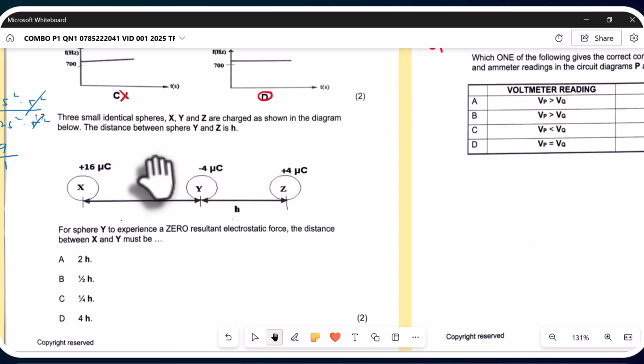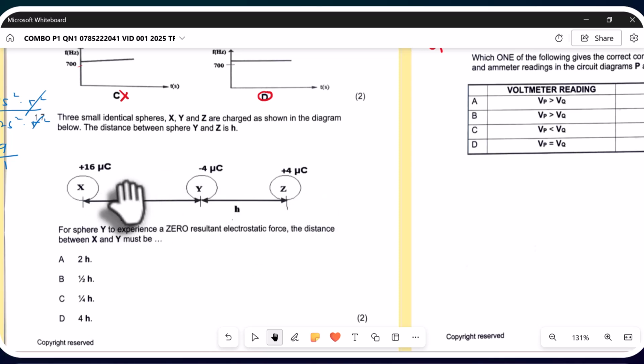They say the sphere Y, this one in between, experiences a zero resultant force. The distance between X and Y must be? Now note that this is 0, which means it's not moving to the left or to the right.